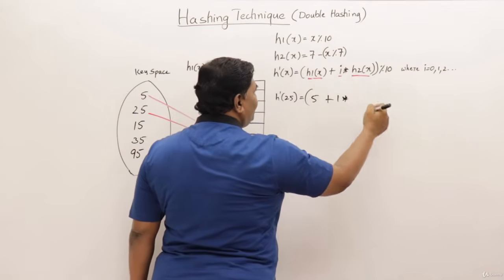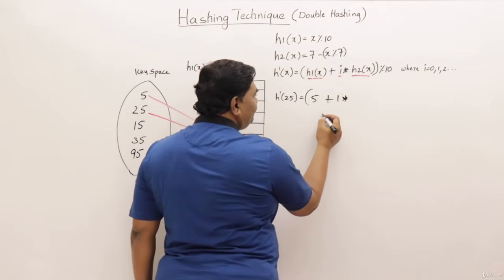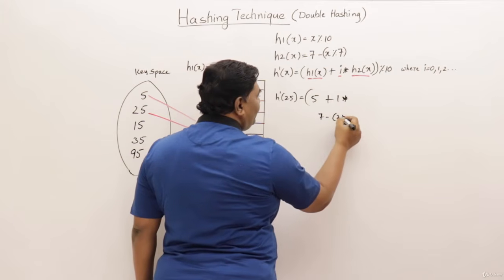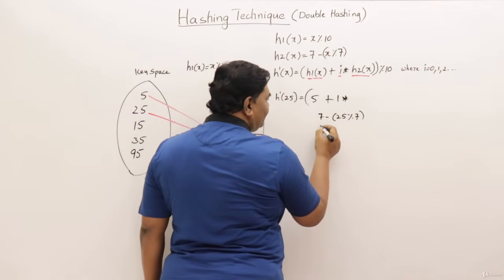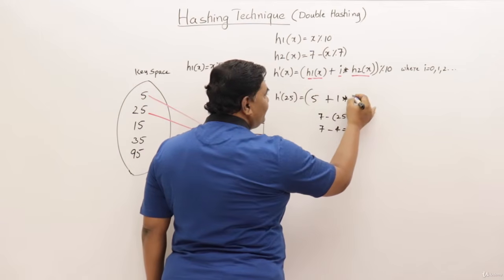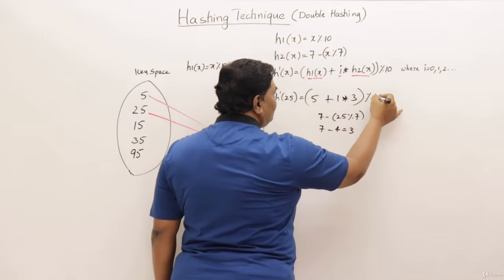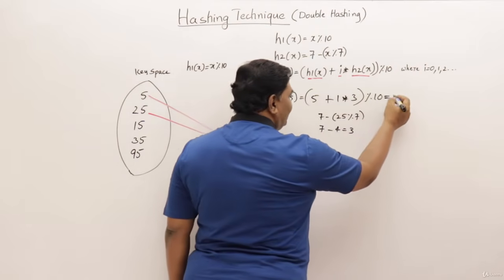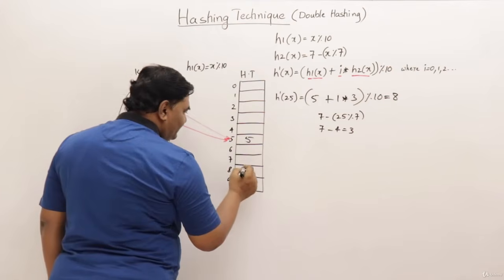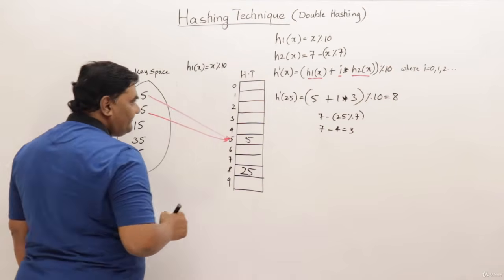What is the result for 25? I will calculate it. 7 minus 25 mod 7. So this is 7 minus 4, so this is 3. So it should be 3 mod 10. This will be 5 plus 3, that is 8. So 25 should be stored at index 8. So 25 is stored here.